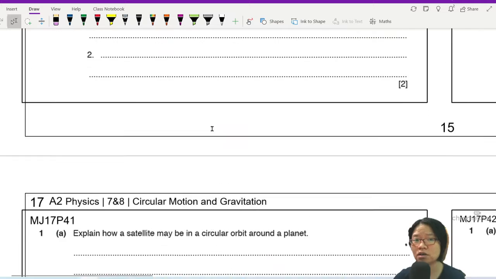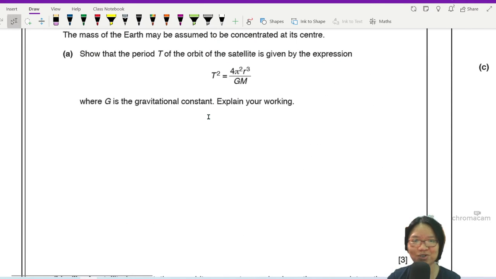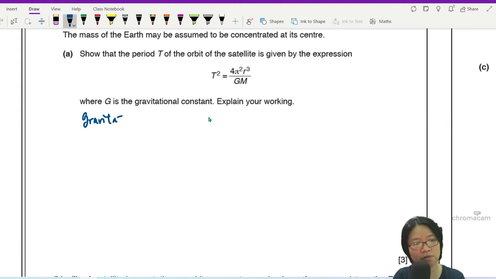But don't worry, I learned this pro tip from my student who does a lot of past year questions, so we learn from their experience. The student said, whenever I see a proving question for gravitation, definitely I can use the idea that gravitational force provides the necessary centripetal force. And that's right.